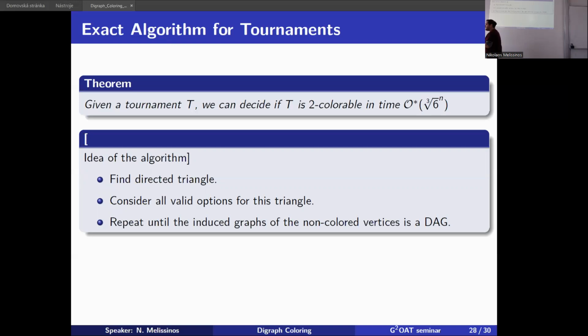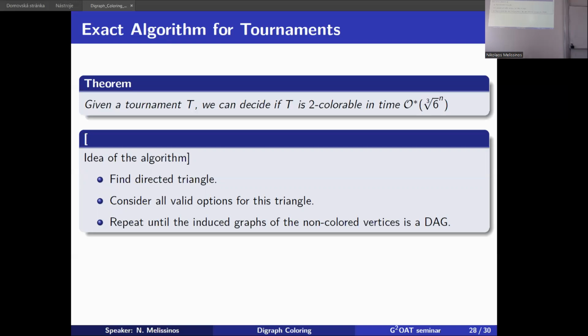So this gives us far fewer options, and basically this gives us the cubic root of 6 for each one of the vertices, because if you have those three vertices, you have only 6 legal colorings.